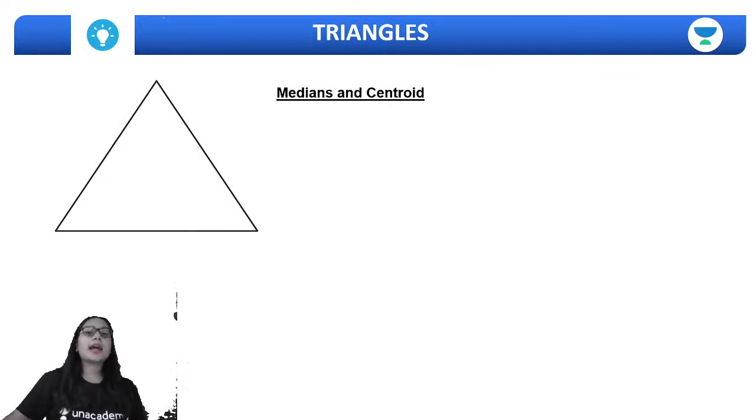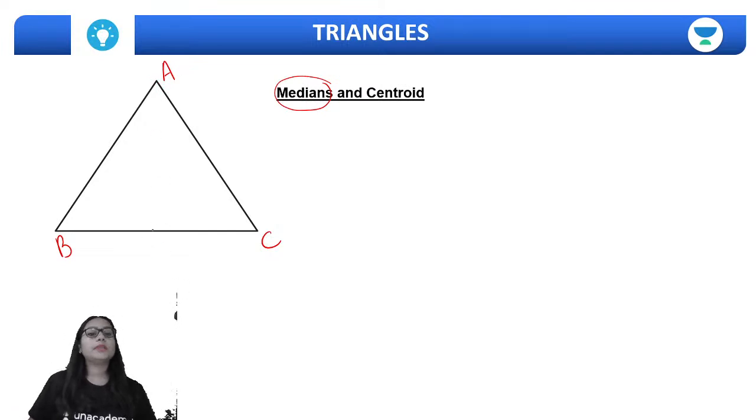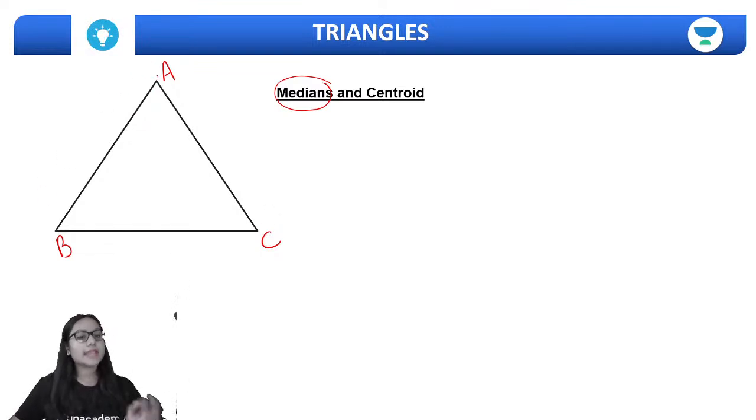I have a triangle here, triangle ABC. Now let us understand what a median is. This is not an equilateral triangle. It is not given that ABC is an equilateral triangle. This is any random triangle.